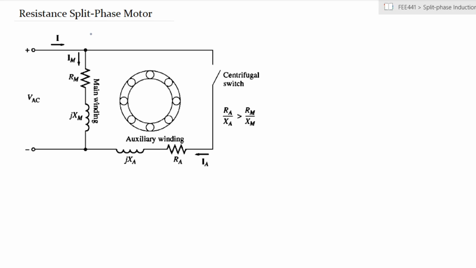This is the general illustration of split phase induction motors, or induction motors in general, which are single phase. You have a voltage being applied across the windings, and you have a main and an auxiliary winding connected in parallel with each other.